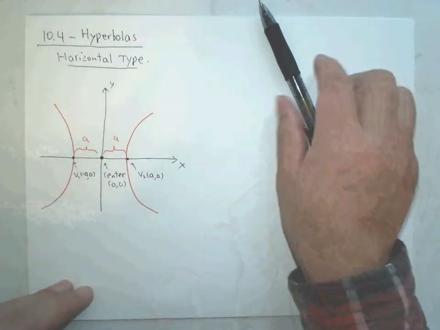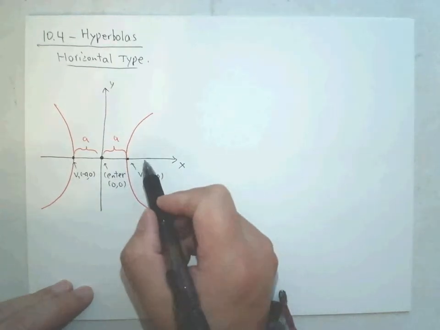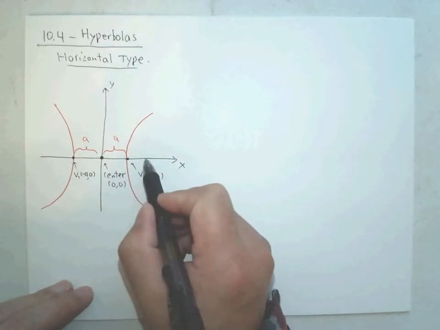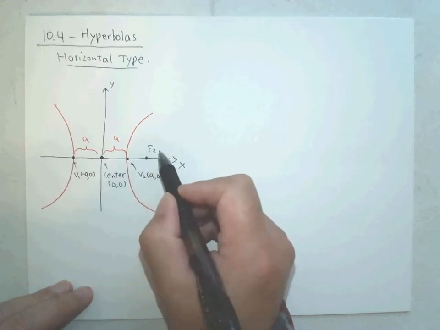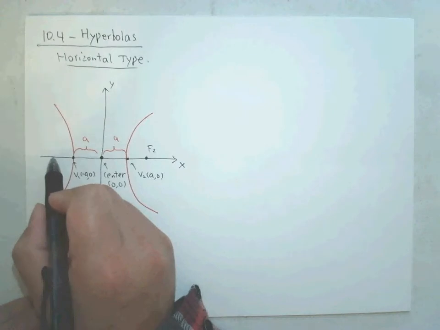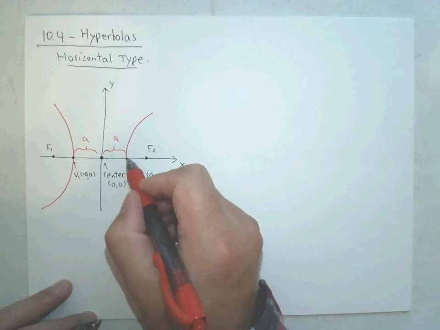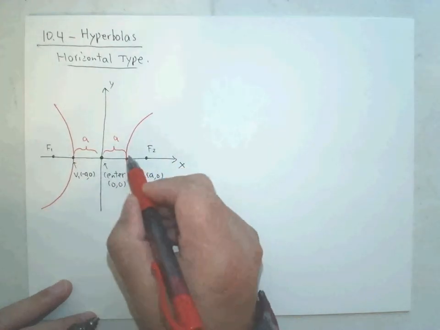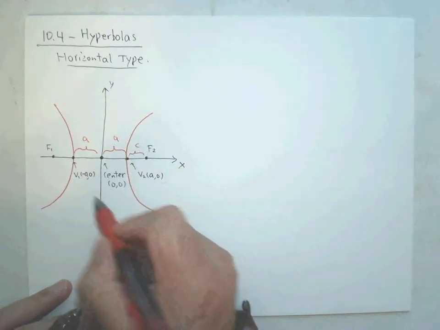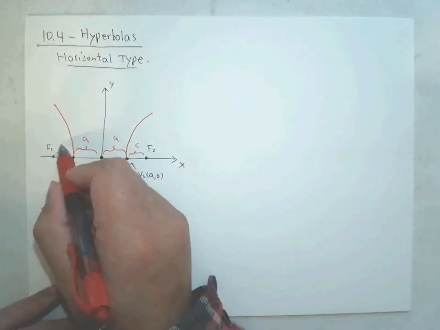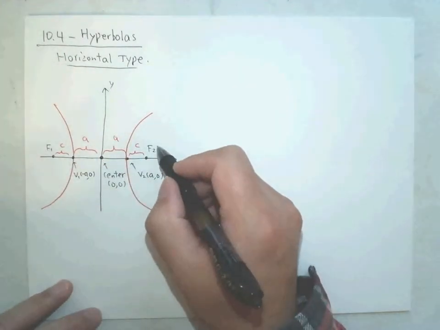For the definition, we need one more thing: the focus. If this is one focus, I call it F2, and by symmetry this is F1. I need to give the distance from the center to the focus. I use a parameter c to describe it, where c is a positive number.